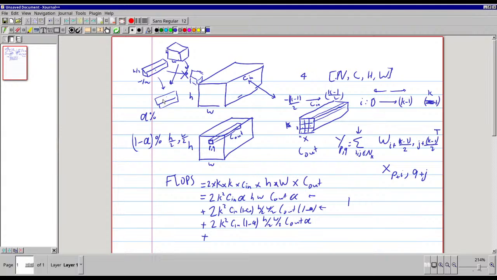And for this, it says do average pooling first, and then apply a convolution, which is 2k² Cn alpha. These are the number of channels, which is going to be H over 2. We do average pooling first, C out (1 - alpha).